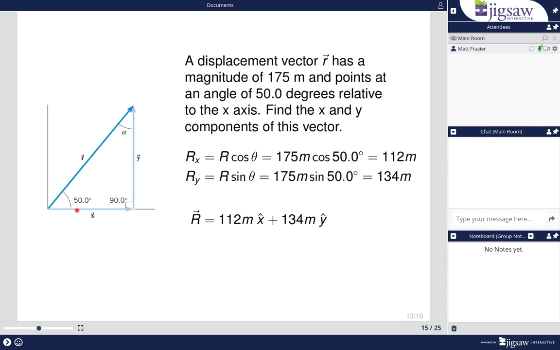And so adjacent over hypotenuse is cosine. And so when we rearrange it, we get r sub x is r cosine theta. And so we get the two lengths of that. So the vector r is 112 1-meter units in the x direction and 134 1-meter units in the y direction.